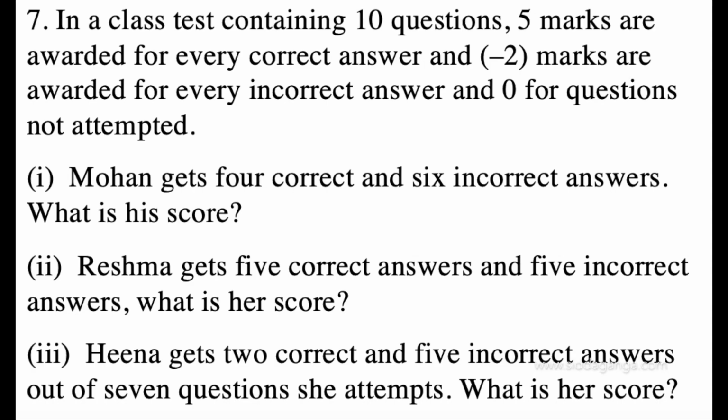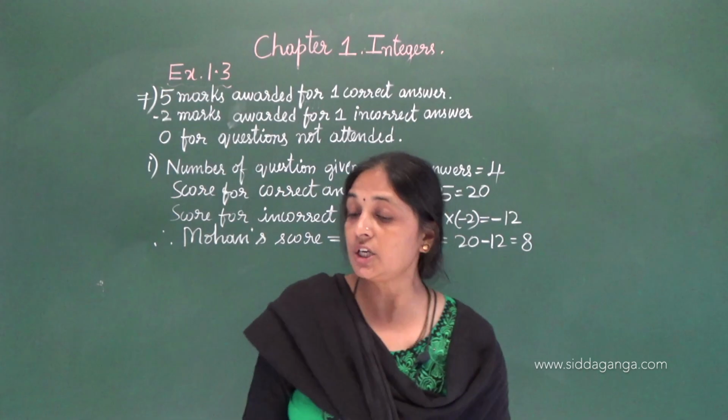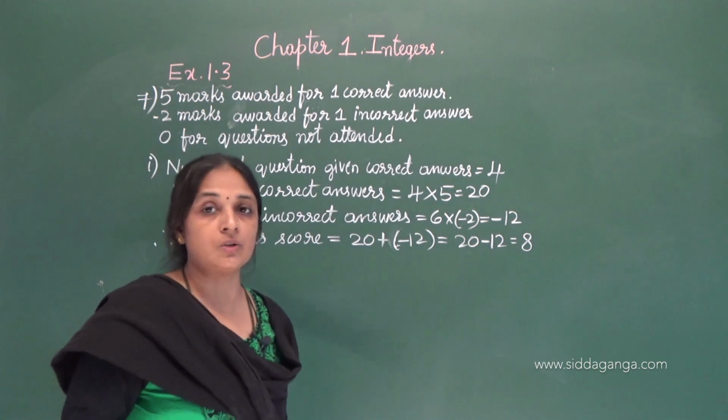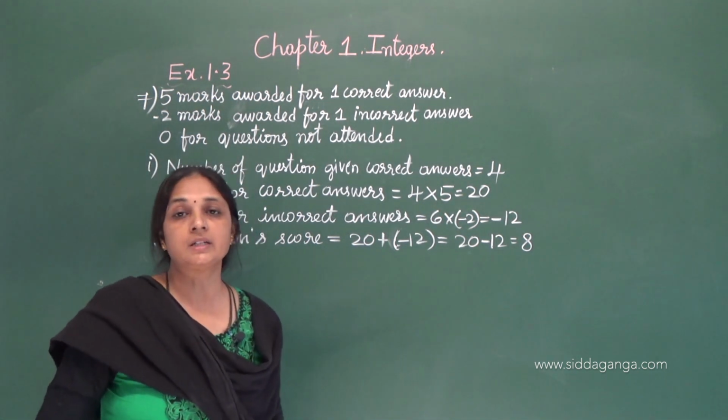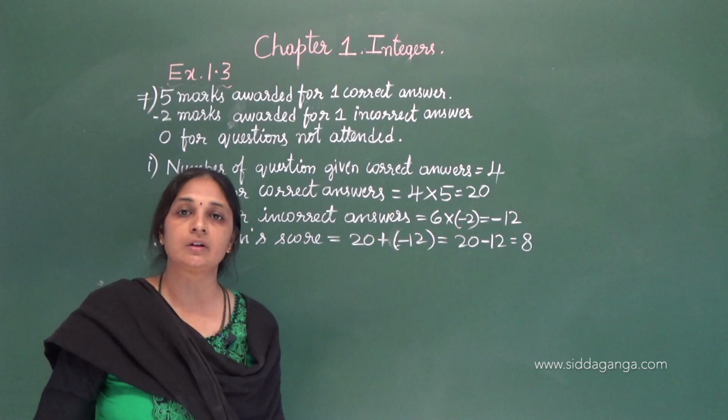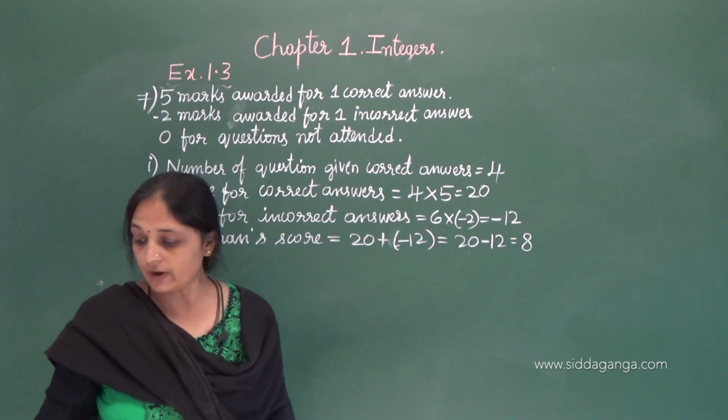Okay. So I go to the second question. Reshma gets 5 correct answers and 5 incorrect answers. What is her score? Okay, she attempted all the 10 questions and she gave correct answers for 5 questions and incorrect answers for 5 questions.